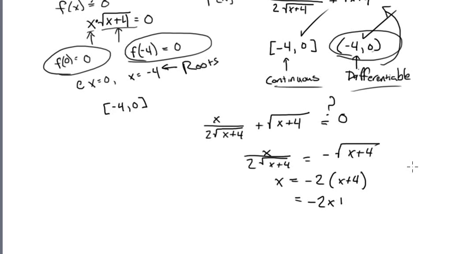Distribute that -2 to both terms: x equals -2x minus 8. Add 2x to both sides. I get 3x equals -8. So x will equal -8 over 3, which is approximately -2.66 repeating.